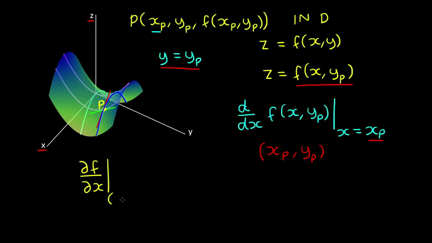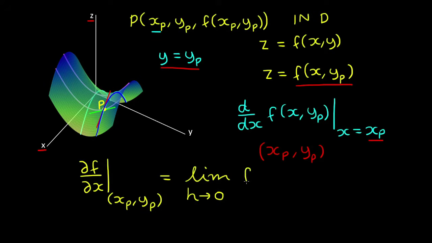evaluated at the point with coordinates xp and yp as the limit as h approaches 0. So using a similar notation to define a partial derivative as in a limit definition of the ordinary derivative.